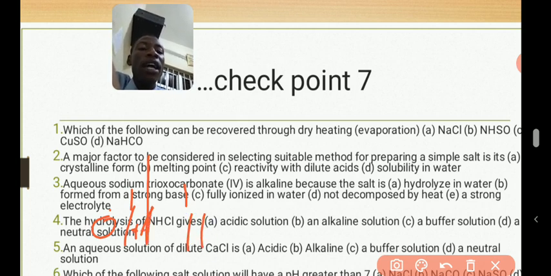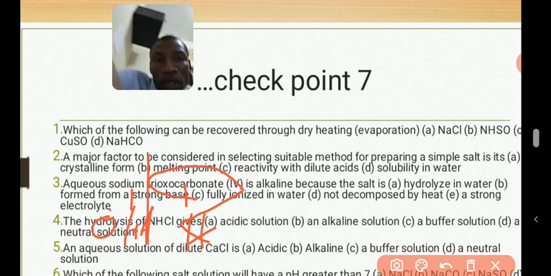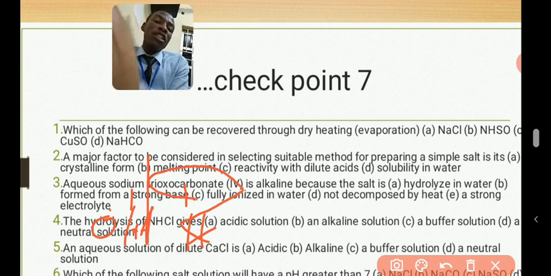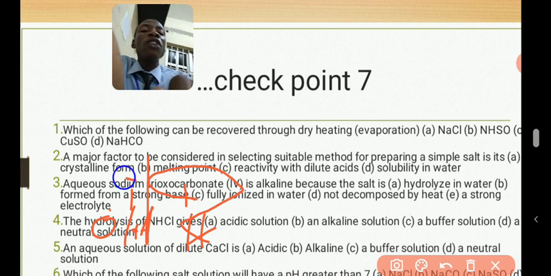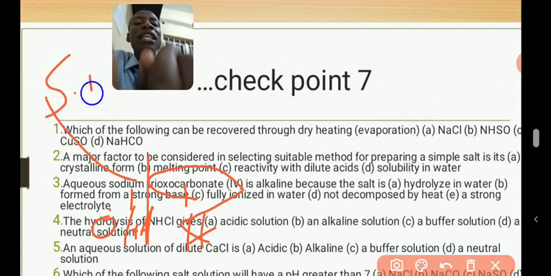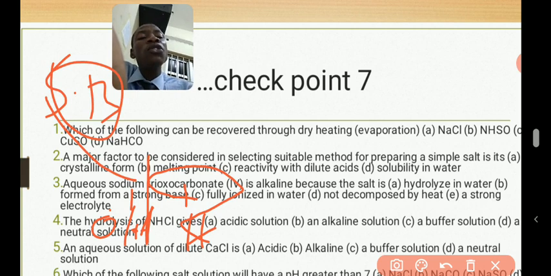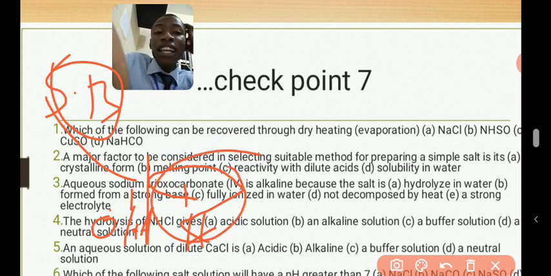If you compare sodium hydroxide and H2CO3, sodium hydroxide is a strong base, so it ionizes completely, while H2CO3 is a weak acid. It doesn't ionize completely, so the solution will be alkaline.